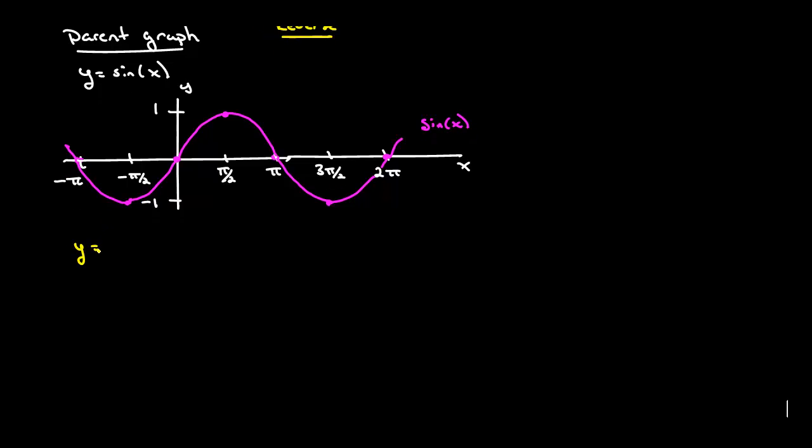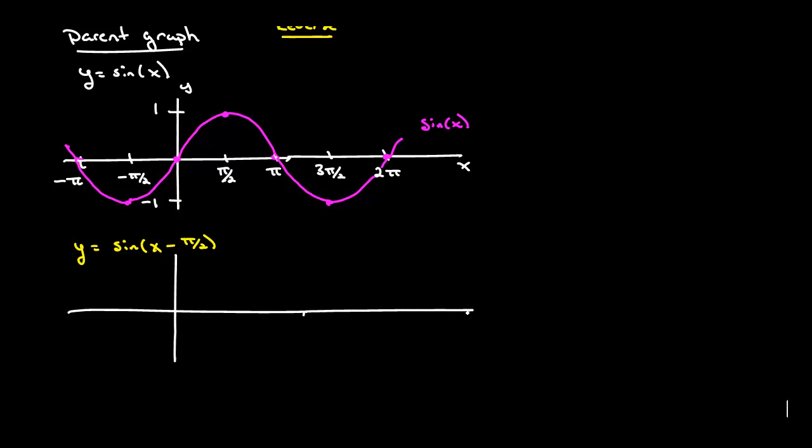So we've got y is equal to the sine of x minus pi over 2. Let's see what that does to the curve. We're going to redraw this as best we can. Here's our x. The purple is sine x. By putting a minus pi over 2, we do the opposite of what we see here. So we're really thinking about moving to the right by pi over 2.